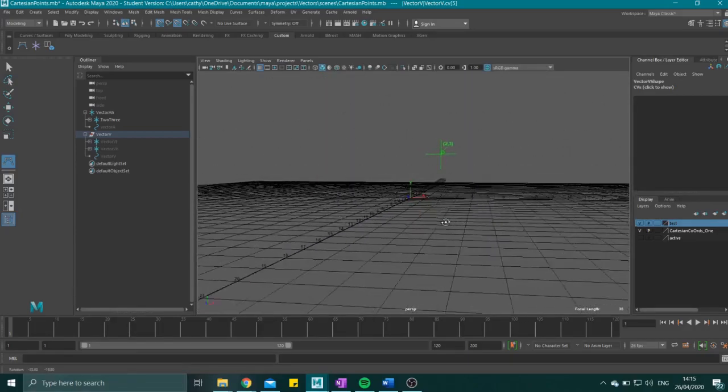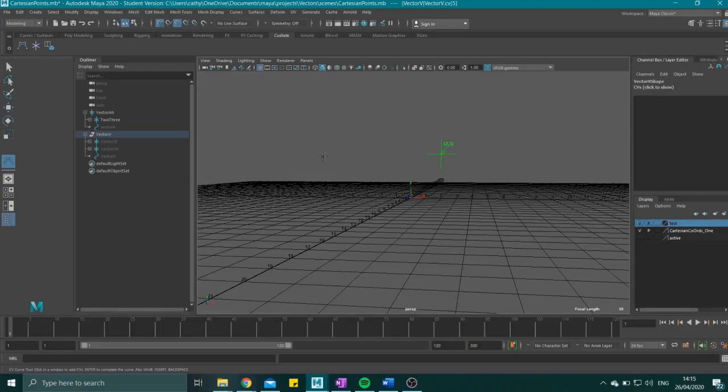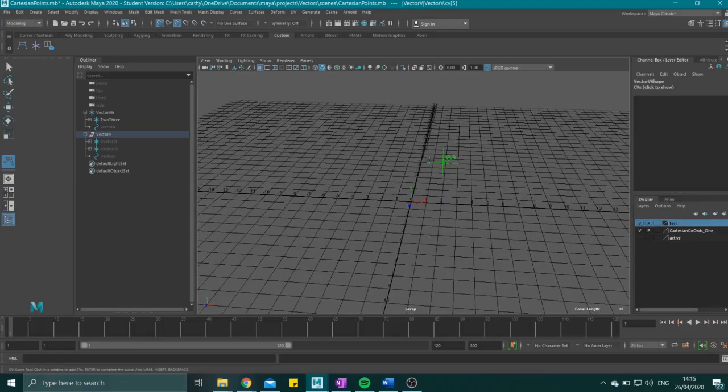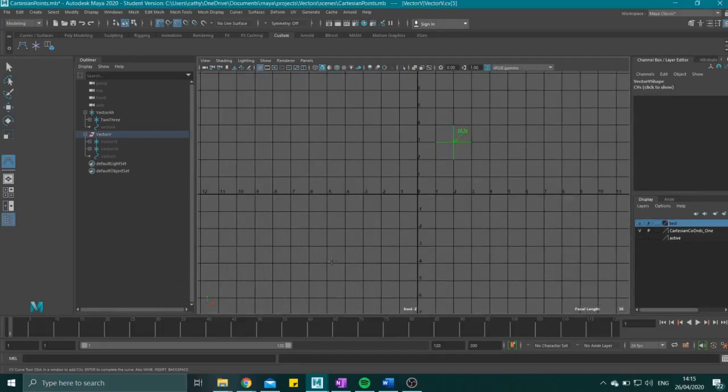No matter where we plot points on this xy plane, our z-axis is always going to be 0, so we don't need to write it down. It could be 2, 3, 0, but because we are only working in our 2D plane, we just assume that our z coordinate is 0.